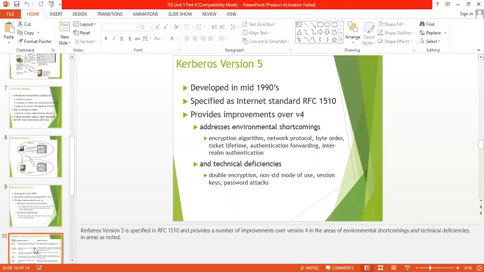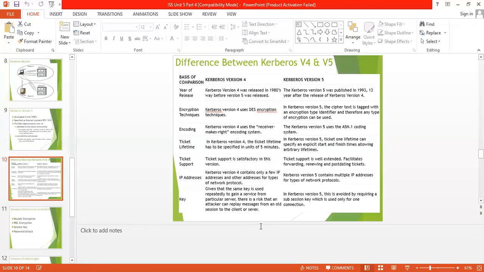There are some differences between V4 and V5. One is the year of release: V4 was released in the 1980s, and version 5 in 1993. Basically, Kerberos version 4 used DES encryption, whereas in version 5 the ciphertext is tagged with an encryption type identifier, so any type of encryption can be used.